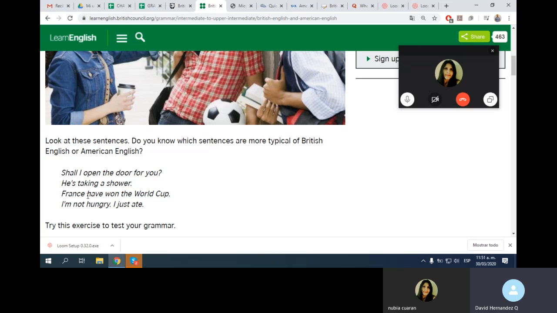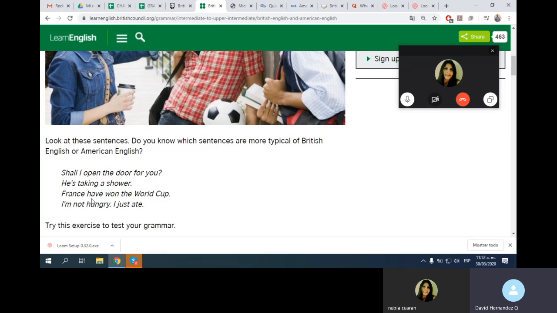The Americans would say has, because Americans see the word France as singular. So Americans would say France has won the World Cup. So we can identify here this is a British expression, France have won the World Cup, because the British use plural or singular depending on the perspective of the person who's speaking.